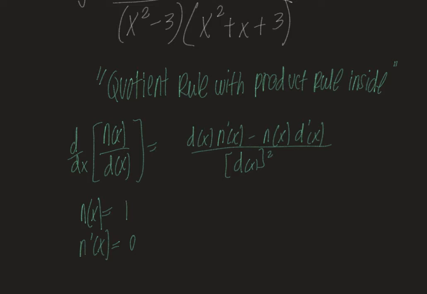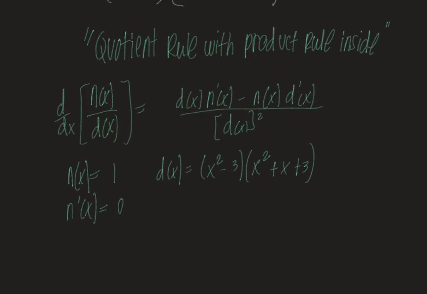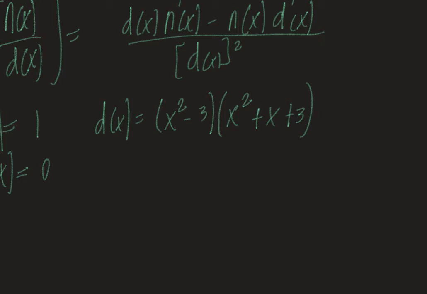The derivative of 1 is 0. Our denominator, when we're taking the derivative of our denominator, that's when the product rule all of a sudden is going to happen in the middle of this quotient rule.